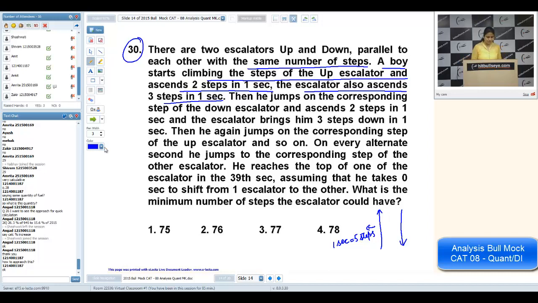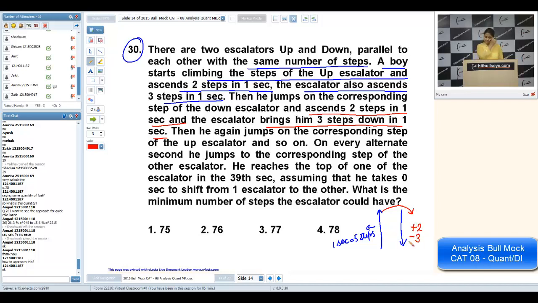Okay, now he jumped to the down escalator. Now it says he jumps on the corresponding step of the down escalator and ascends 2 steps in 1 second. It is ascending 2 steps, it means +2. But the escalator brings him 3 steps down in 1 second. It means -3.